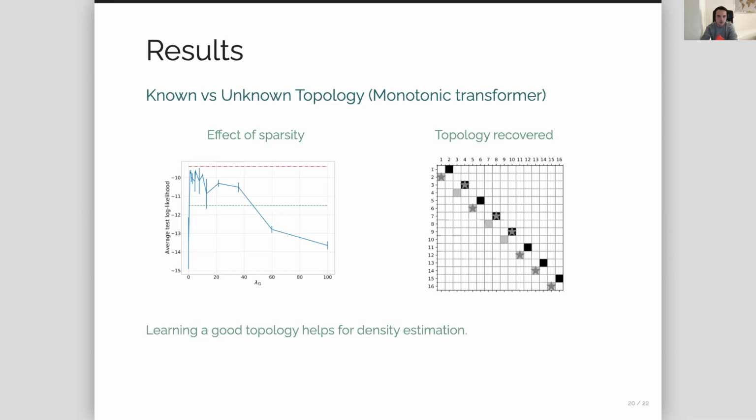And the stars denote the connections that have been recovered by the optimization. And so you see that the optimization is able to find all the dependencies that were in the actual data.